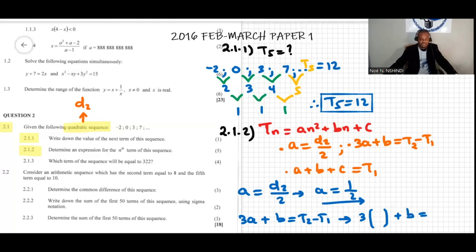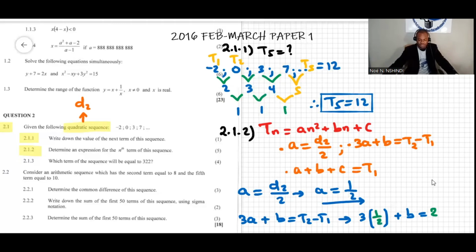T2 minus T1 is over here, we did it here: T2 minus T1 is 2. So this is equal to the value of 2, and a is now 1/2.